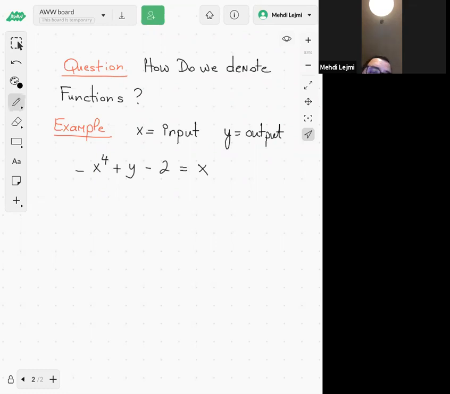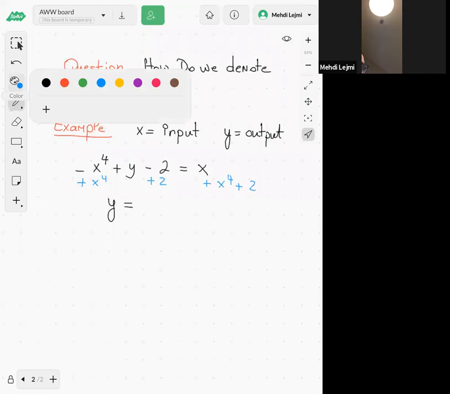And we solve for Y. So when you solve for Y, we have plus X to the power 4 here, plus 2 here, the same on the right side, X fourth plus 2. So then Y is X plus X fourth plus 2, right? That's what I have on the right side.